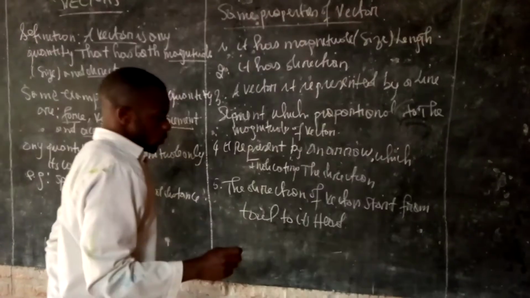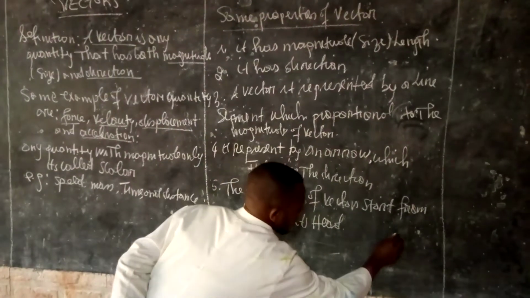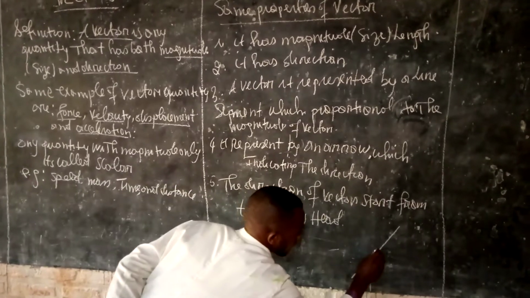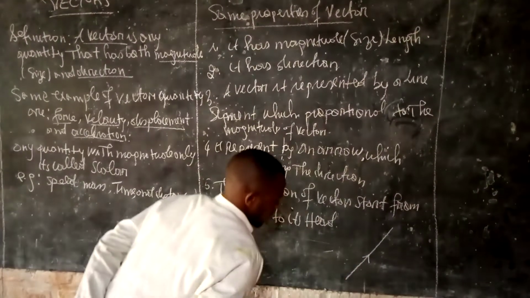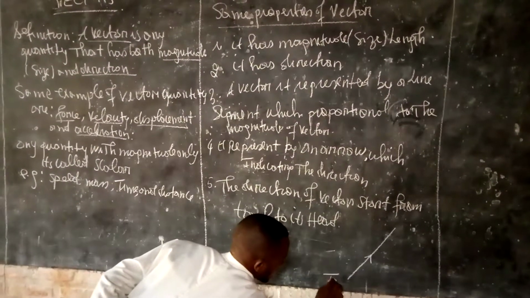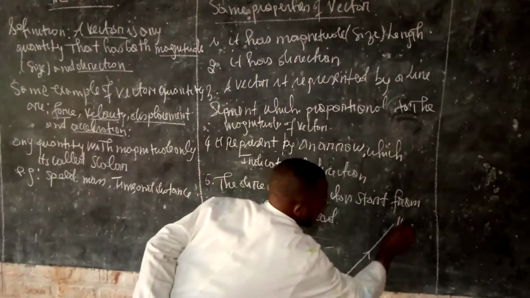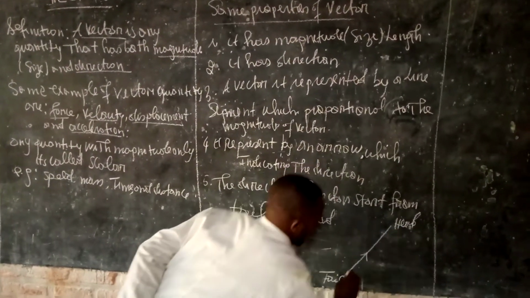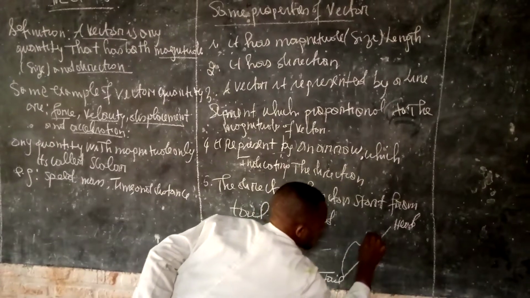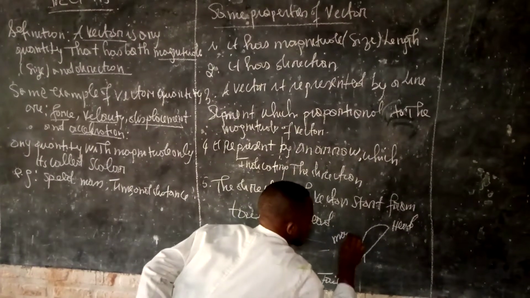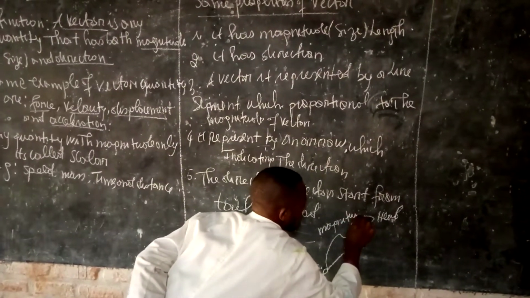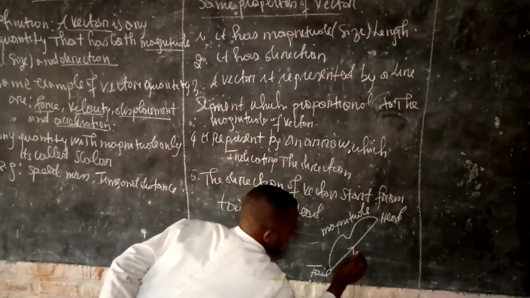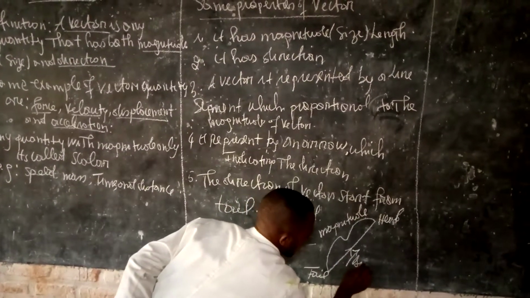So now let us show you the signs of vectors. This point is what you call the tail. This one is the head. From tail to head, here we have a magnitude. So this sign indicates direction.